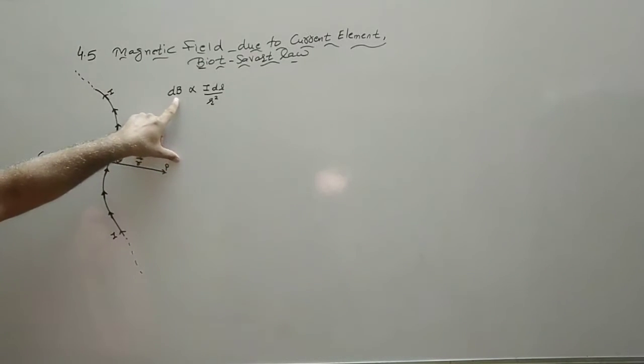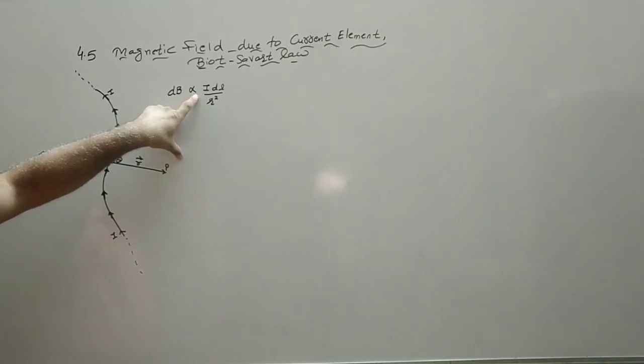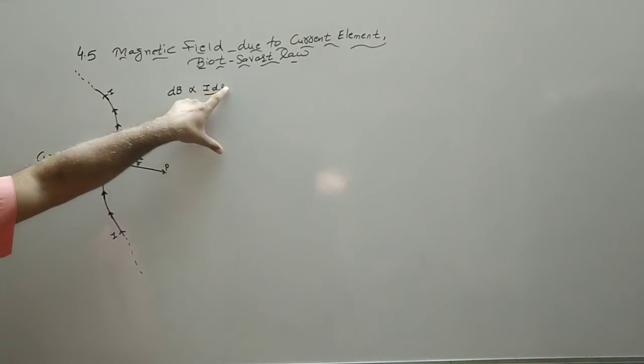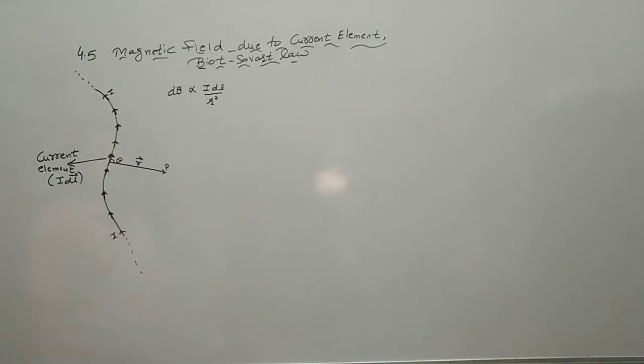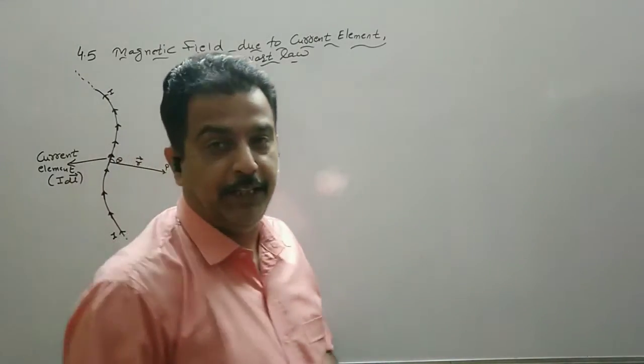So the magnitude of the magnetic field intensity at any point due to a current element is directly proportional to the current element, or we say the product of I and the length of the element, and inversely proportional to the square of the distance. This is the magnitude.